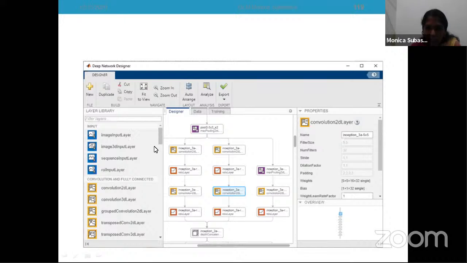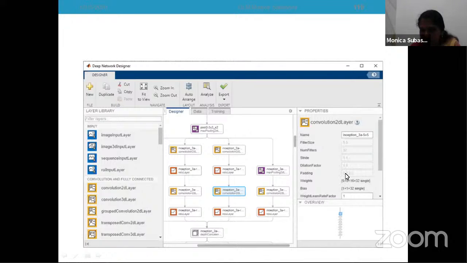So we do have image input layer, then decide whether you need a 2D layer or 3D layer, transposed convolution 2D layer, transpose convolution 3D layer. Just pick up and drop, and here you can give the filter size, number of filters. Strides can be given here. That's why I was talking about strides. You just give the value of strides here.